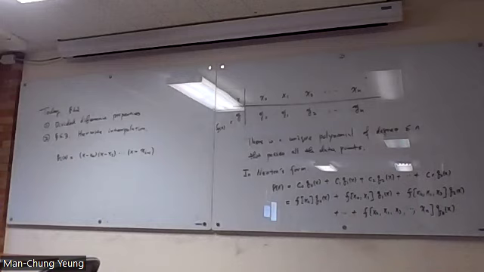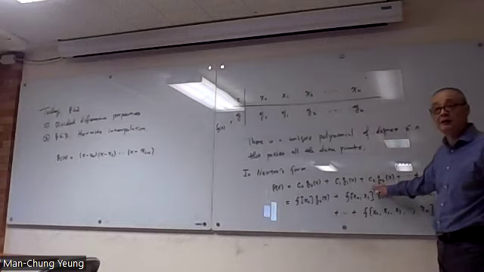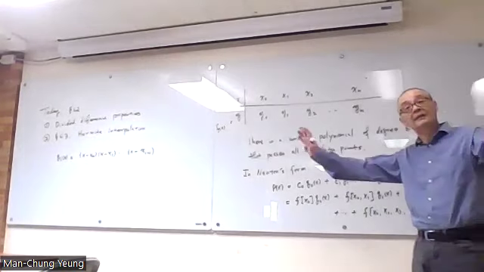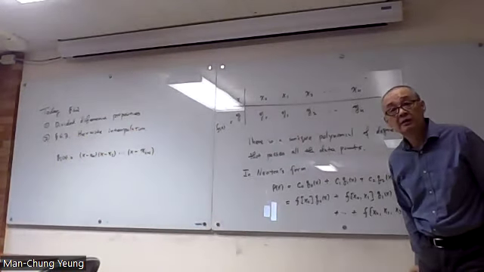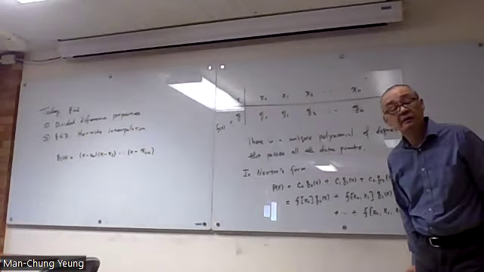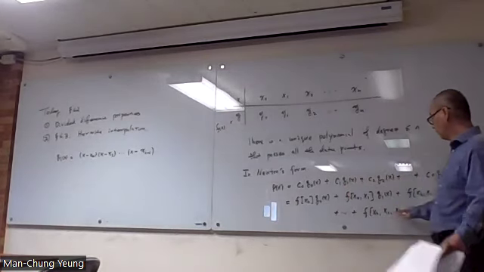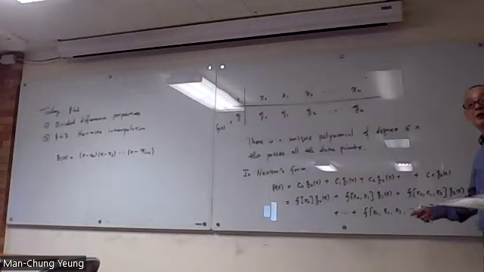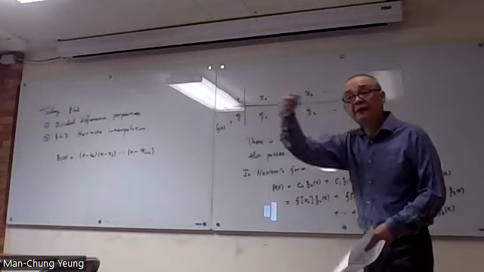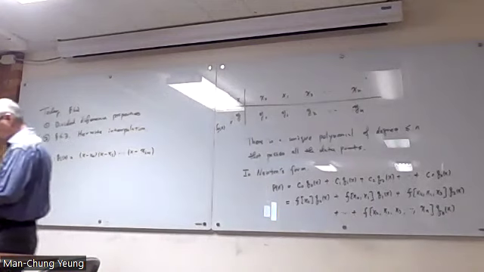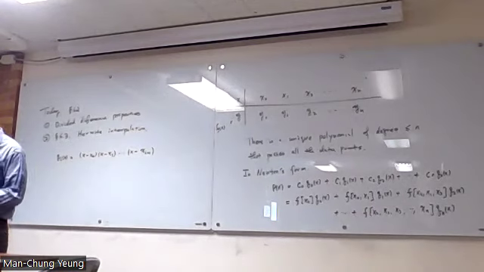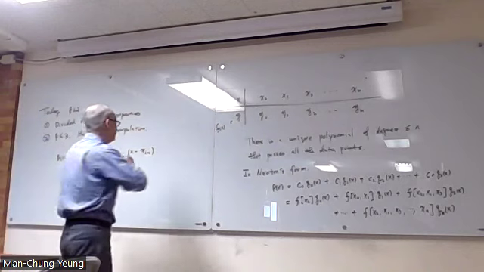Then people discovered that the coefficients in Newton's form have other applications. So we give special notation and a special name to the coefficients. The special notation is this, and the special name is divided difference.